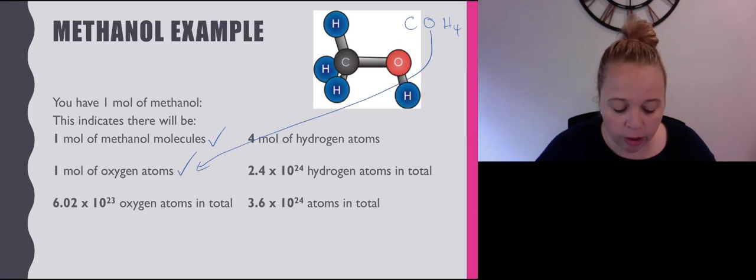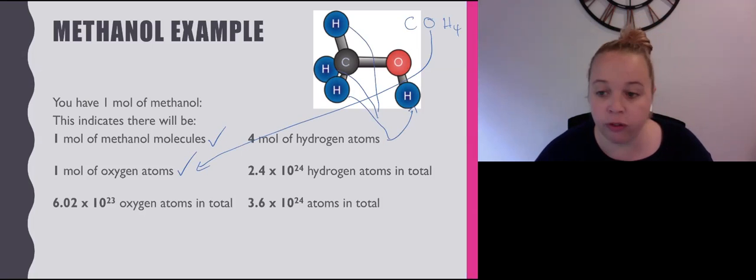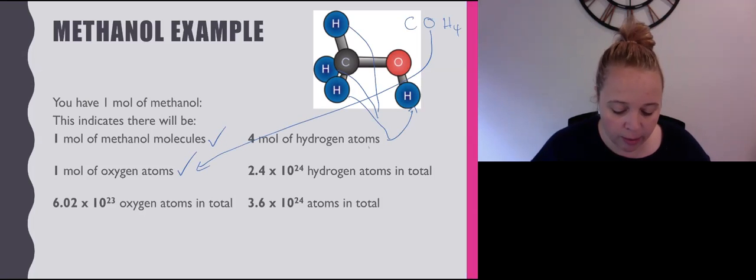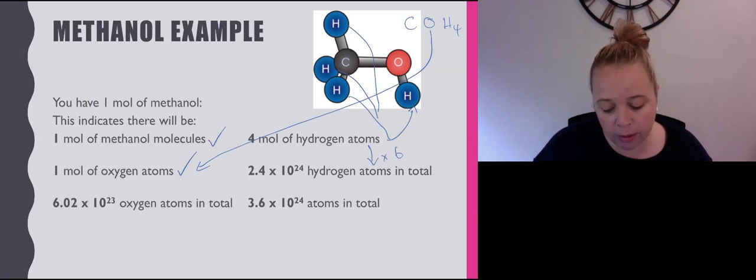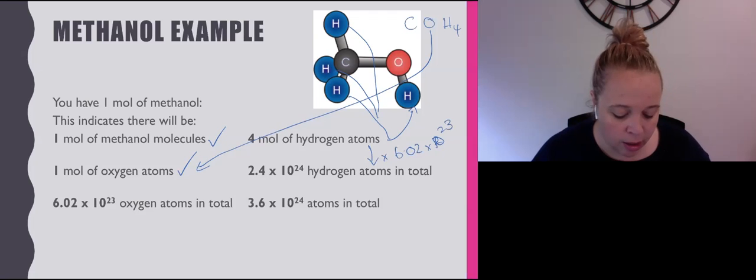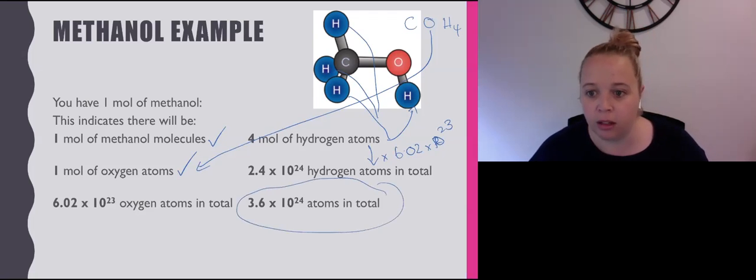We've got 4 hydrogens, so we're going to have 4 mole of those. Then if you multiply them out, times 6.02 times 10 to the 23, it's going to give you your atoms, and then you can add them all together and figure out how many atoms in total you have.